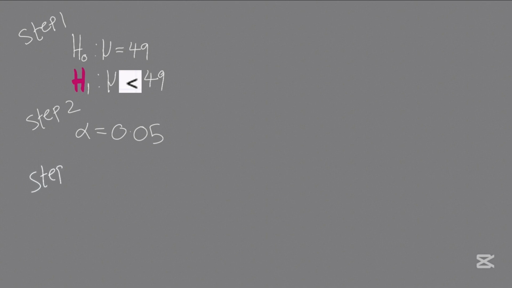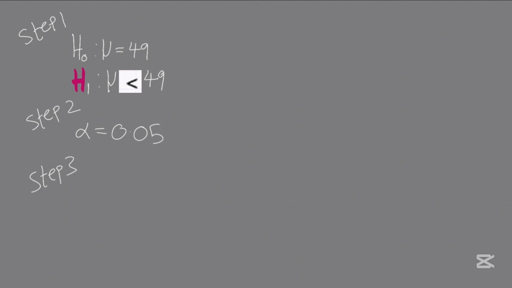Now, step 3 is you state the nature of sampling distribution, whether it is a z-test or a t-test. That's your test statistic. Now, remember from the beginning, I told you that when you are dealing with z-test, your population variance is known. But you use a t-test when your population variance is not known. And from the question, your population variance is known.